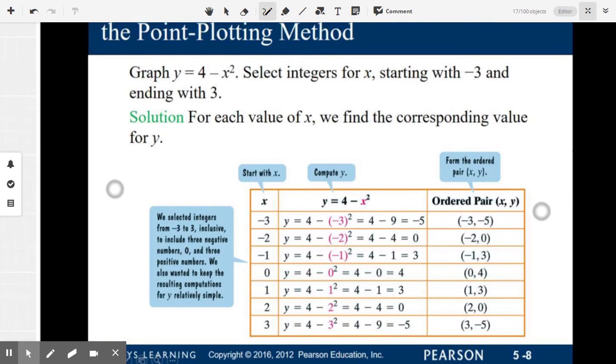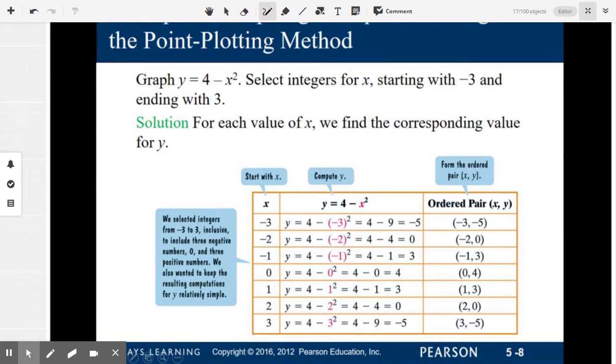All right, so one way to draw a graph given an equation is to do what we just said. Substitute or pick points for X and come up with several ordered pairs so that you can put the dots, and then you connect the dots with a smooth line. Notice in this case, they chose 7 different values of X to substitute in, starting with -3, -2, -1, 0, 1, 2, and 3.